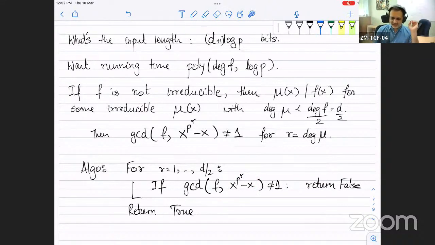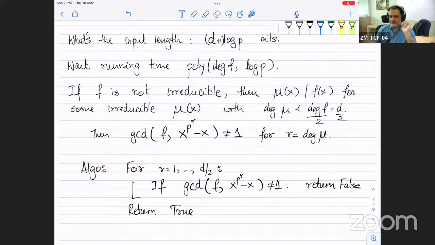So if f was irreducible, all of them will be equal to 1, so you will return true. And if f was not irreducible, the moment you hit that threshold of the irreducible factor's degree, you will end up with a non-trivial GCD, and you know that the answer is false.